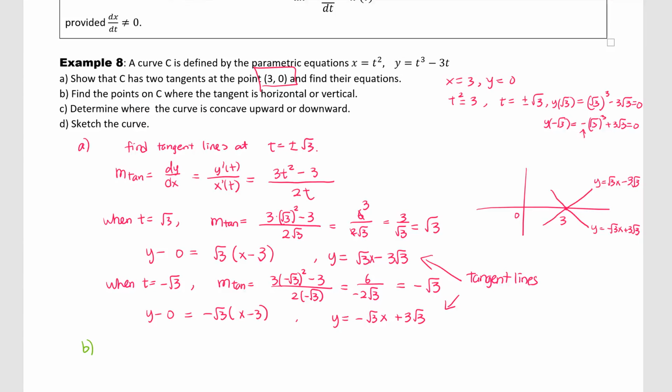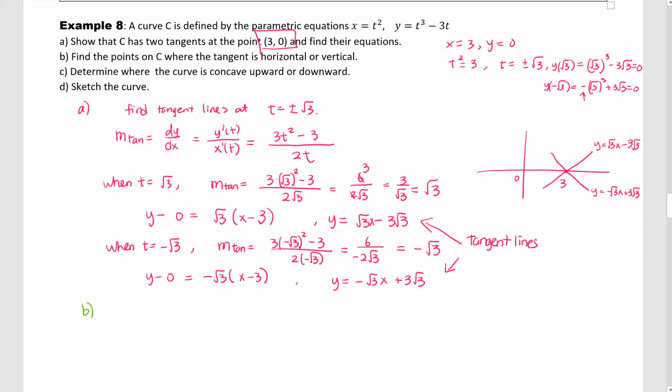Let's look at part B. Find a point on C where the tangent is horizontal or vertical. Okay, what do we mean by saying the tangent is horizontal? Well, that corresponds to the numerator of dy/dx being 0, right?